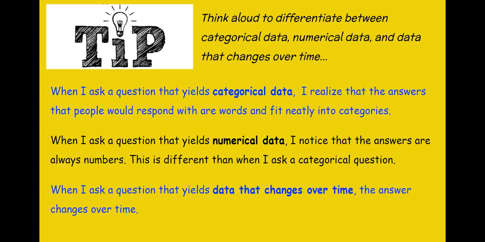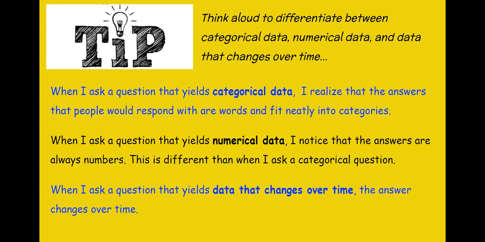All right, here's a tip for you. These are the things that I think aloud to differentiate between the categorical data, the numerical data, and the data that changes over time. So when I ask a question that yields categorical data, I realize that the answers people would respond with are words, and they fit neatly into categories or groups.